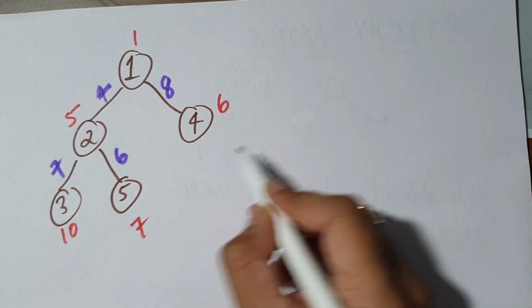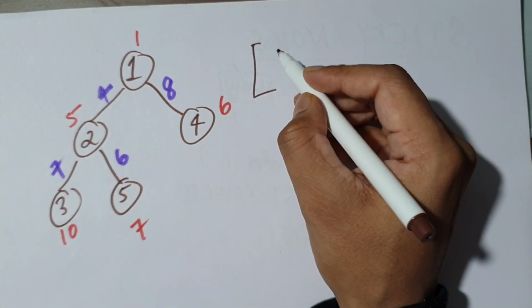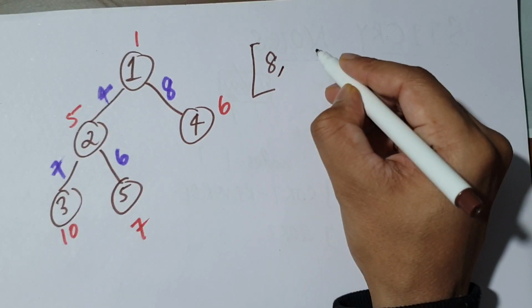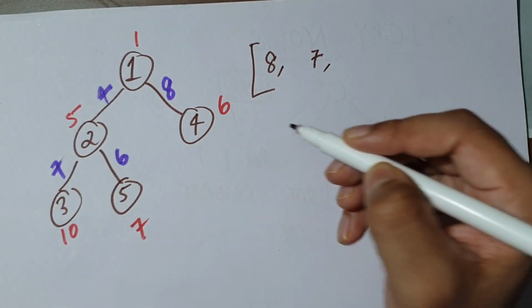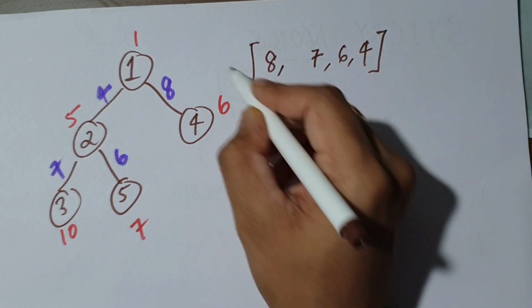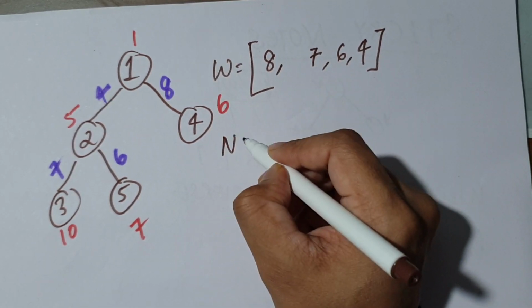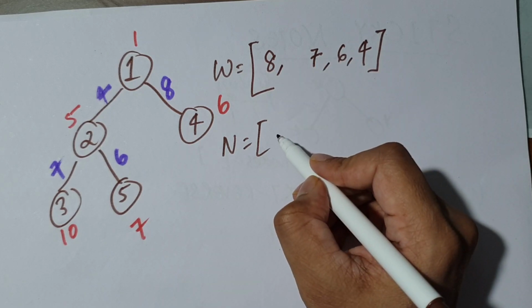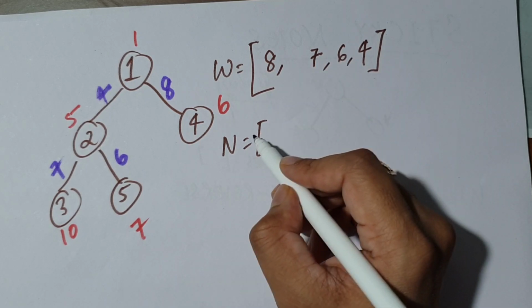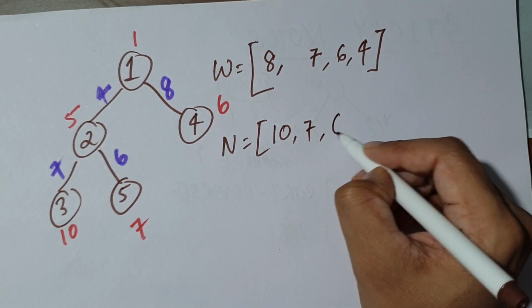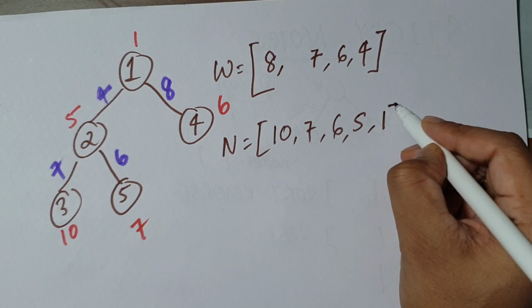So the weight list that we were talking about, in descending order, is 8, 7, 6 and 4. And the node list, in reverse sorted fashion, is 10, 7, 6, 5, 1.